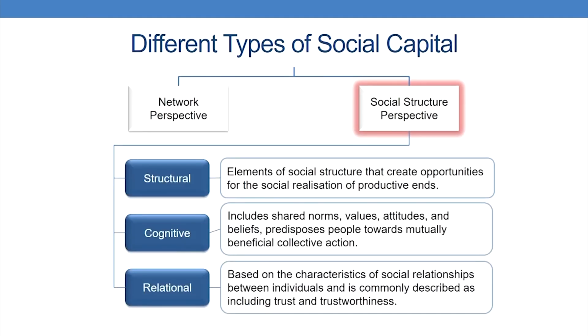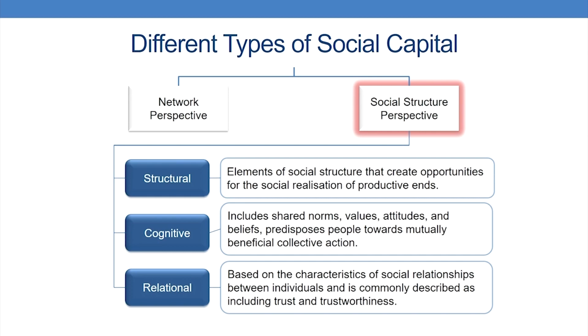Okay, with respect to the social structure perspective, again there are three important features: structural, cognitive and relational. Structural are those elements of social structure that create opportunities for the social realization of productive ends.